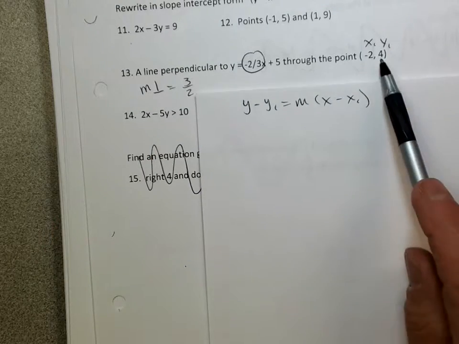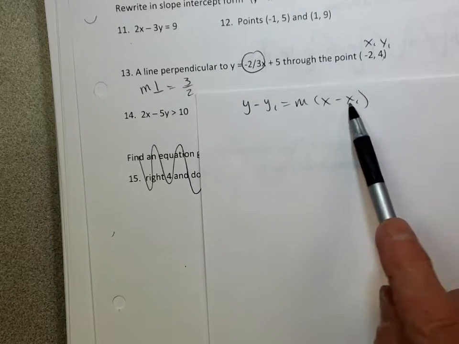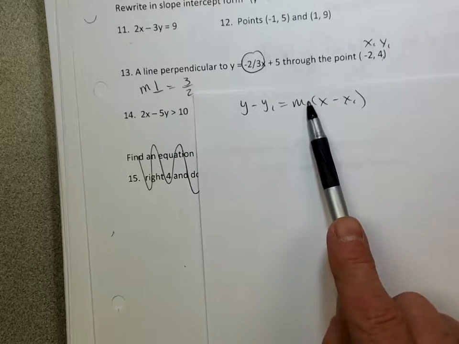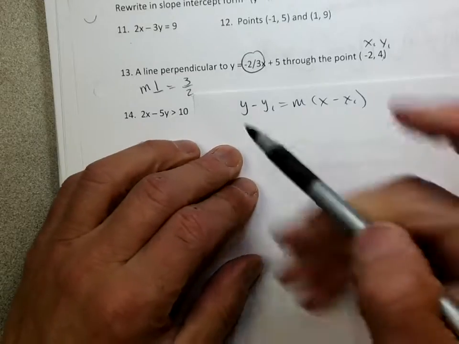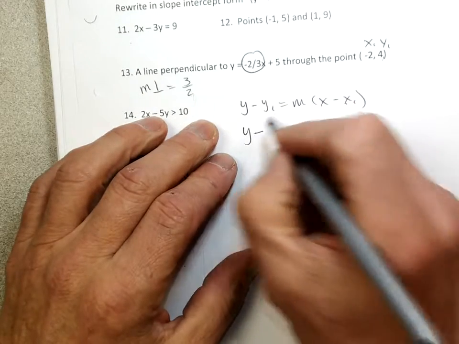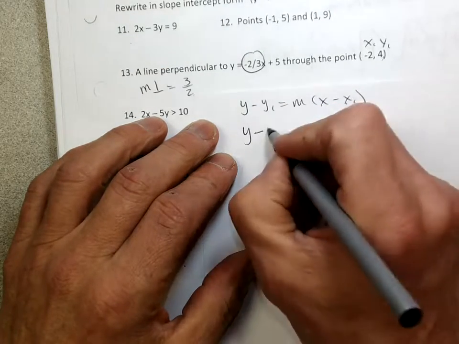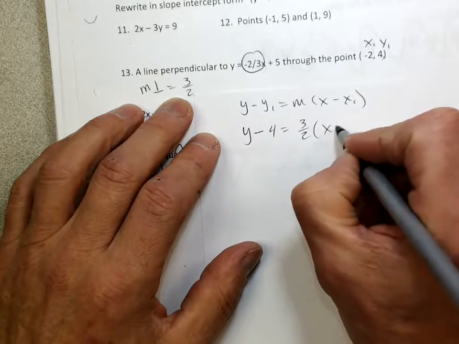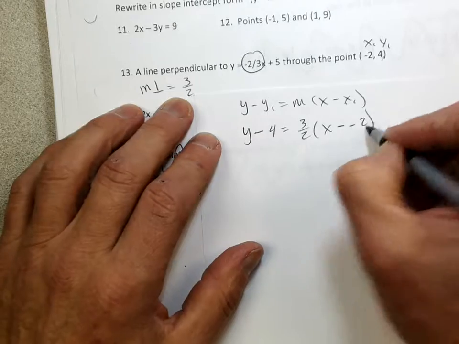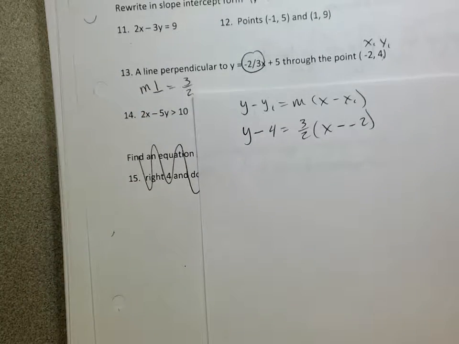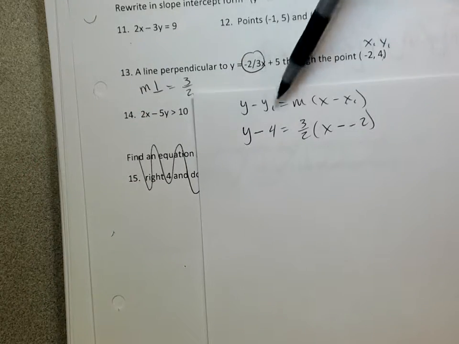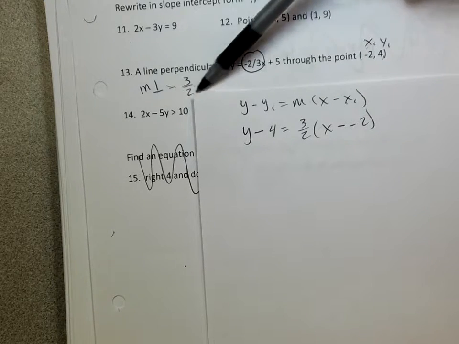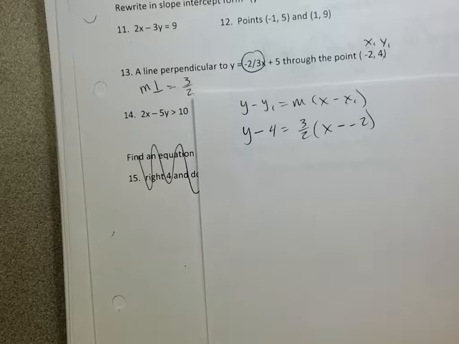I'll plug my 4 in for y1, my negative 2 for x1, and my 3/2 in for my slope. So y minus 4 equals 3/2 x subtract negative 2. I just plugged in my 4 for my y1, my negative 2 for my x1, and my 3/2 for the slope, because it's a perpendicular line, okay?